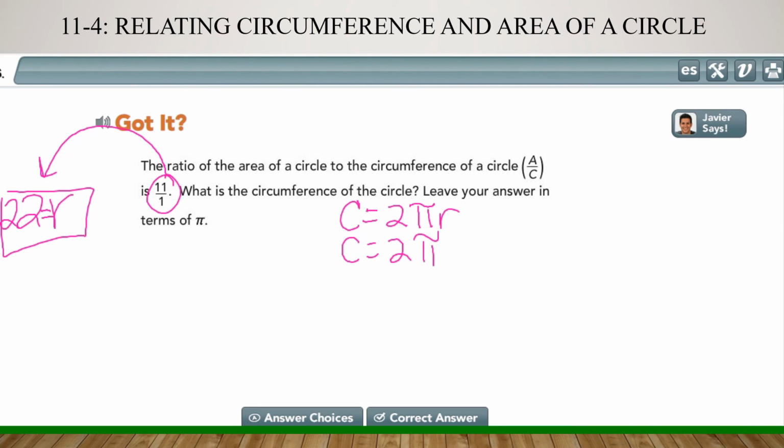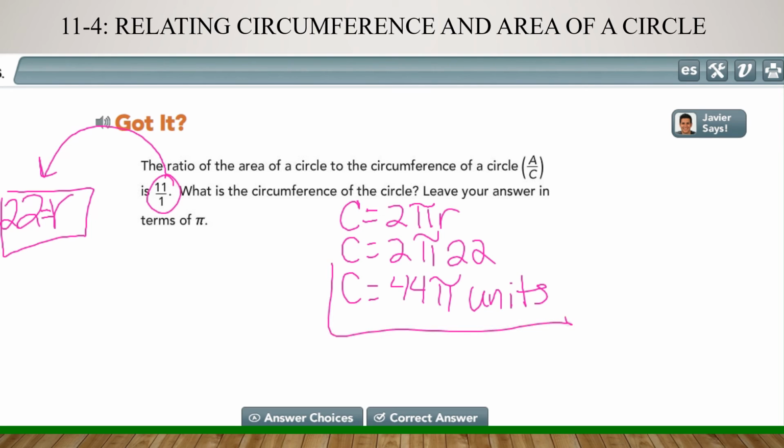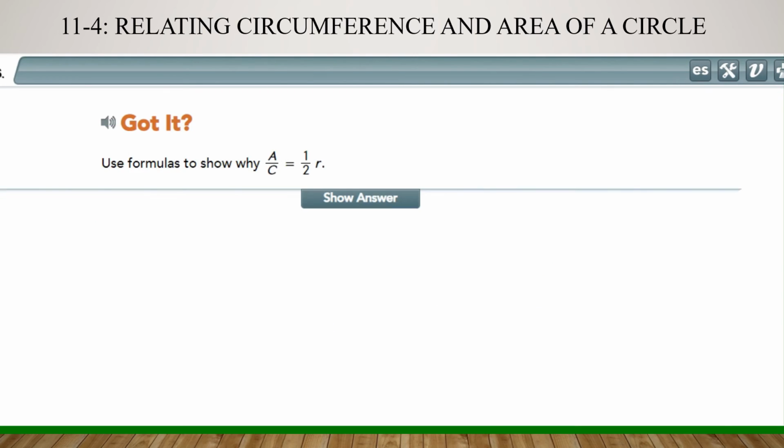And then we are going to substitute in 22 for the radius. Now all we have to do is multiply 2 times 22, which is 44, and we shall leave our answer as 44 pi and then whatever the units are. So the final answer will be circumference equals 44 pi units, not squared. Remember, area is only squared.